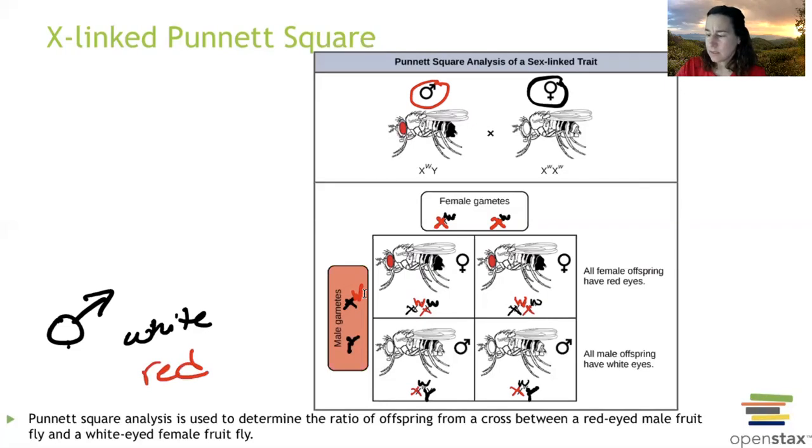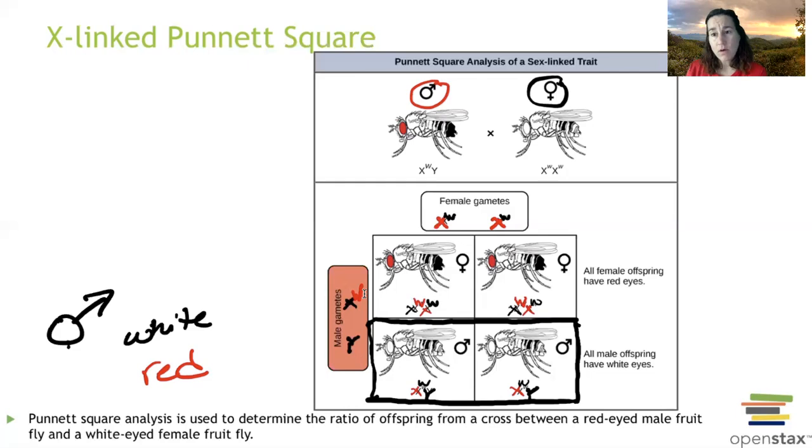So let's look at the Punnett square and see. If I'm asking you about males specifically, the only boxes I want you concerned about are these 2, because the males, again, they have the Y chromosome. So there's only 2 out of the 4 boxes that have Y chromosomes. These are going to be their male offspring from these 2 parents.